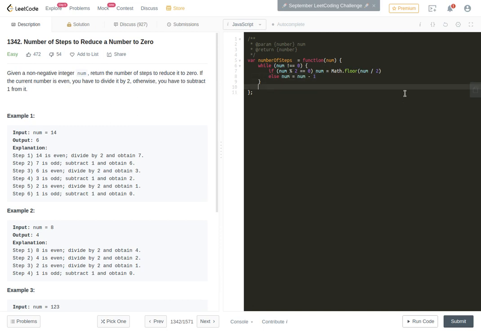Just writing it the long way for now. And then return num. Let's see if this even works.